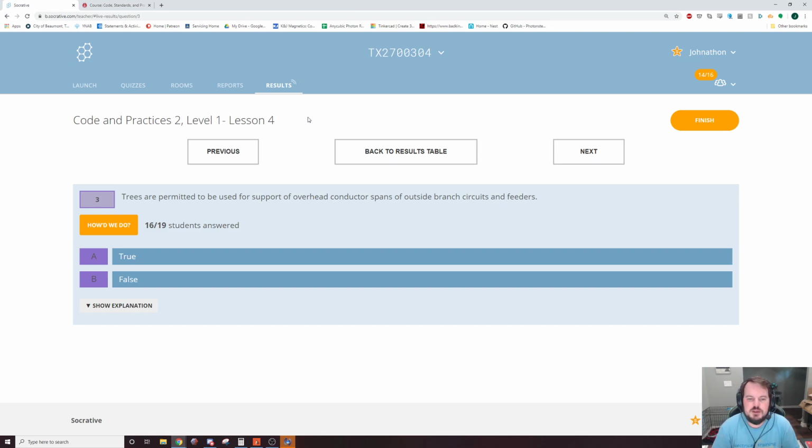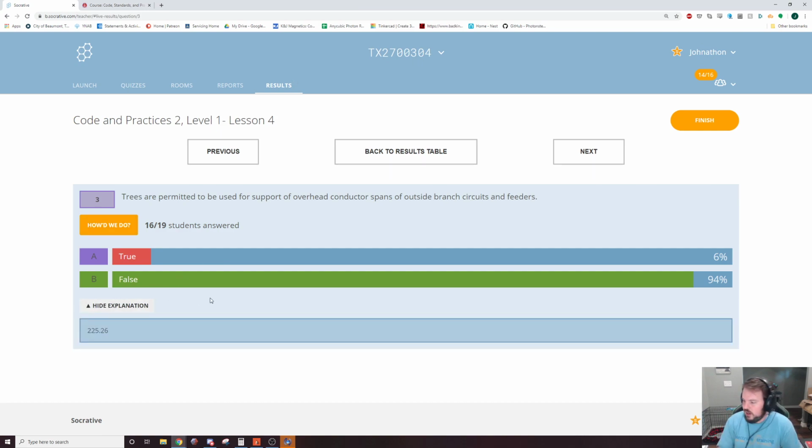Trees are permitted to be used for support of overhead conductor spans of outside branch circuits and feeders. That doesn't even begin to sound acceptable. If you want to know where that is, 225. That's the article about outside branch circuits and feeders.